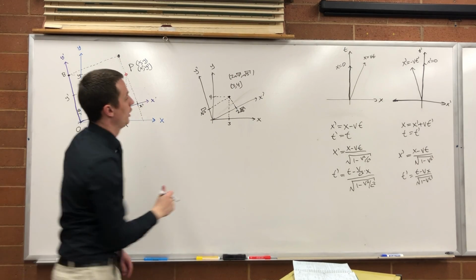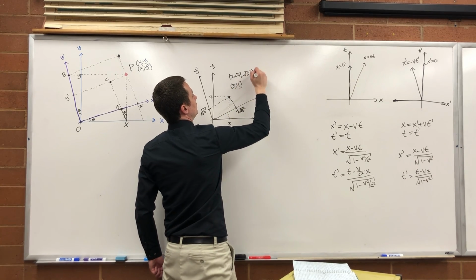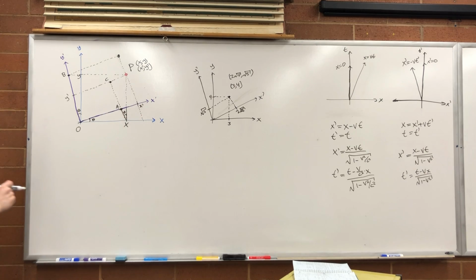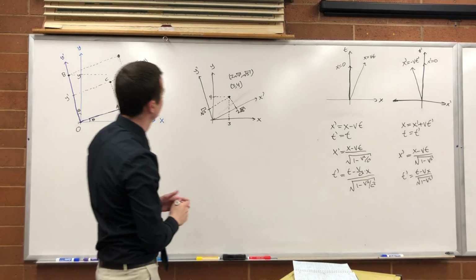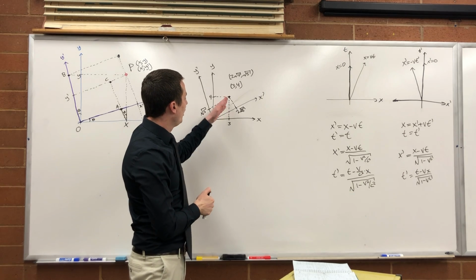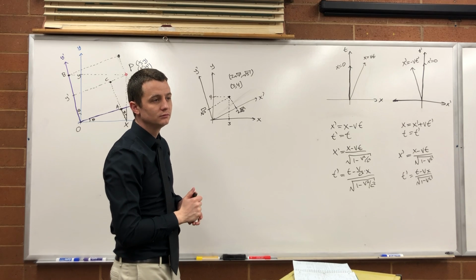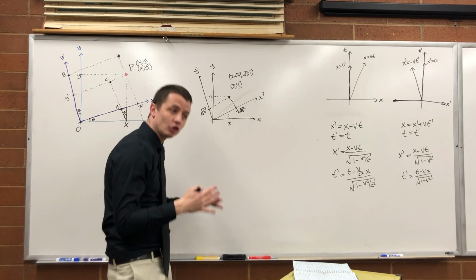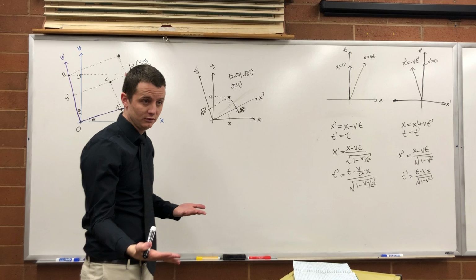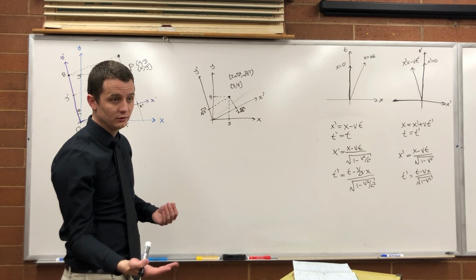Now, who's right, who's wrong? What are the coordinates of that point? 3, 4 looks better. And the numbers came out nicer. But what are the coordinates of that point? It depends on your reference frame. In other words, the coordinates are relative. Coordinates are relative?